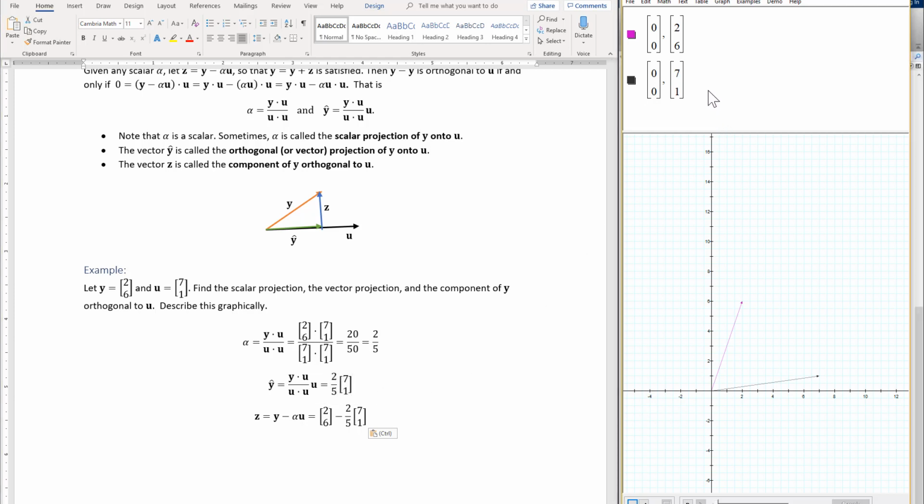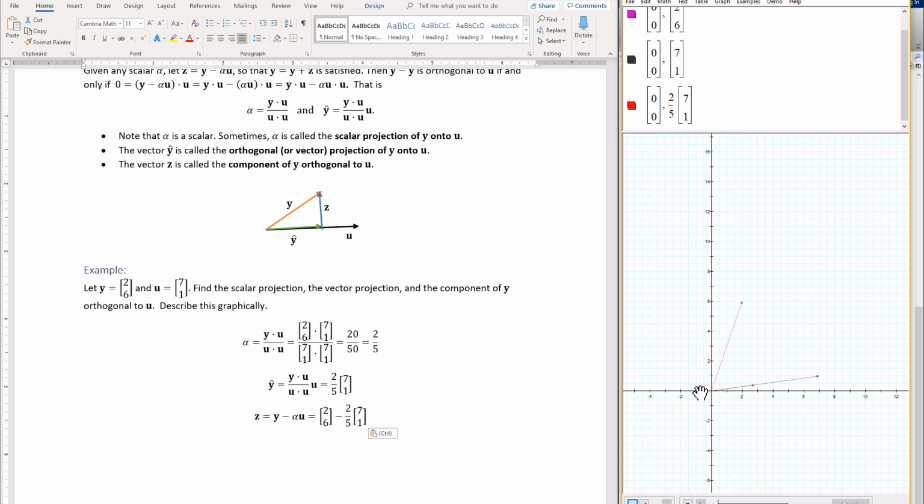I need to draw my vectors always starting from the origin, and then with a comma, another vector. So this is going to be 7, 1, but it's being multiplied by 2/5.